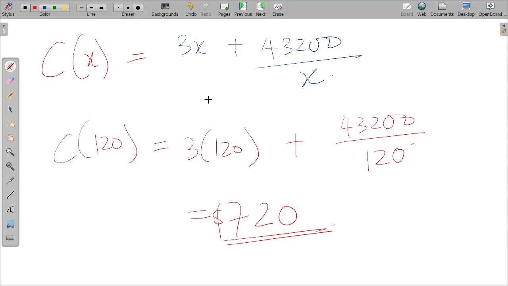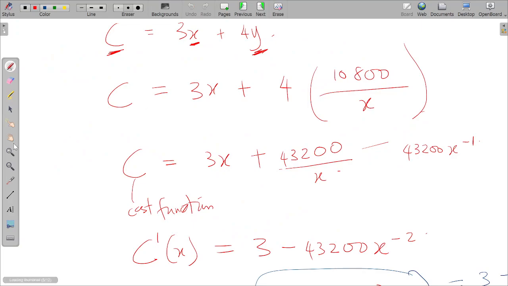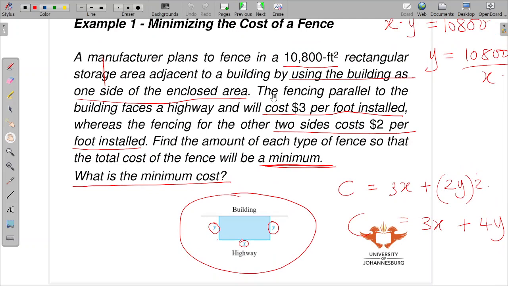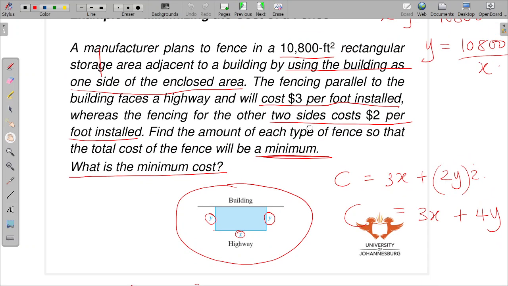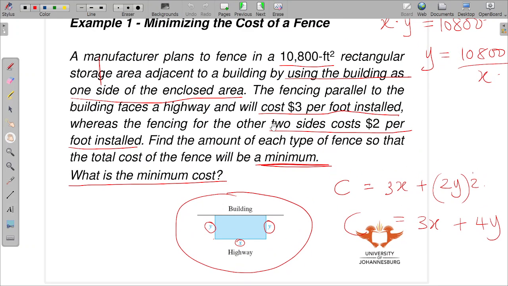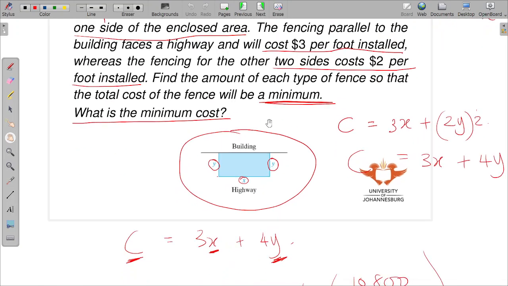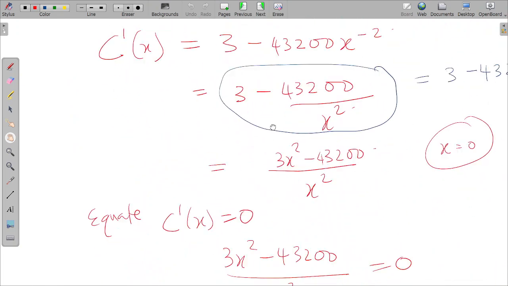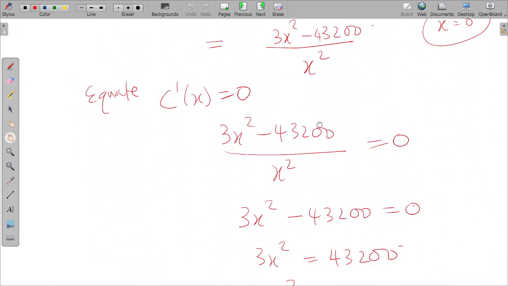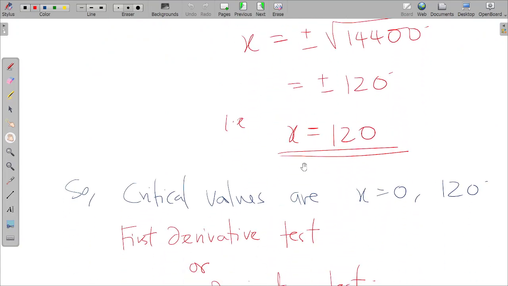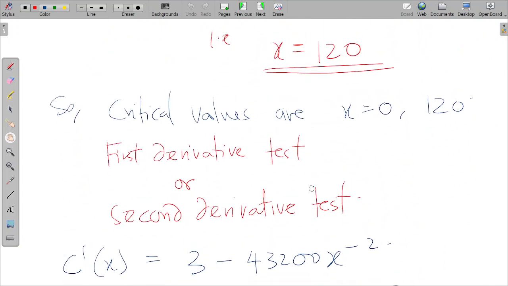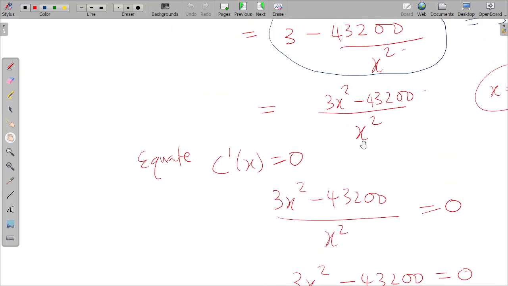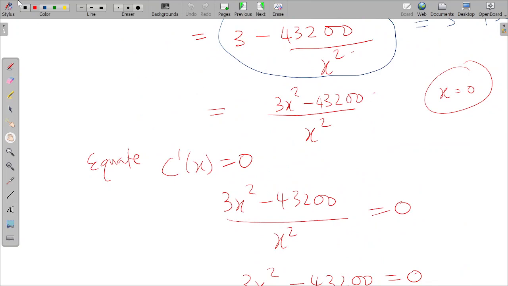You see now, the first thing to do whenever you are given a word problem like this is to find out the function first. The function or the equation you need to use, then you derive it, then you equate the derivative to 0, and then you get your value of x, and then you get the critical values by checking the derivative again to know if there's any point where it will not exist.